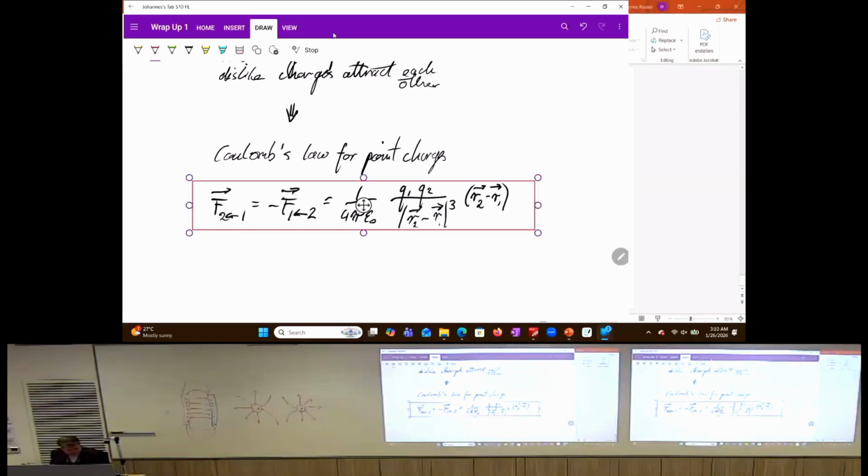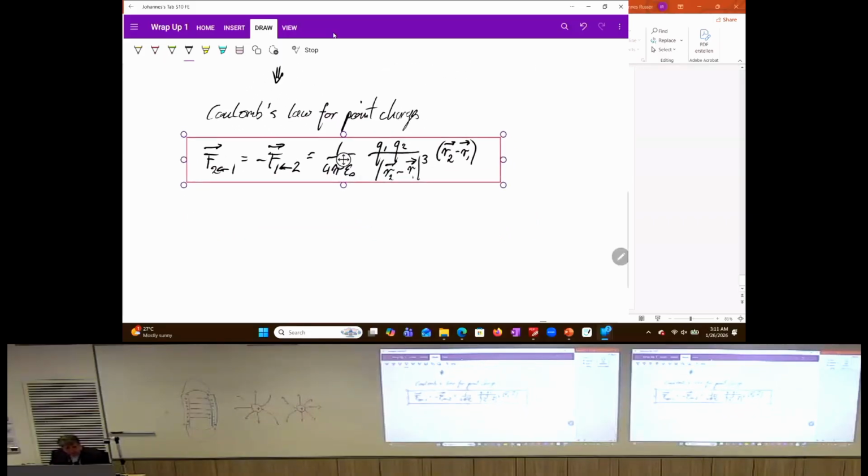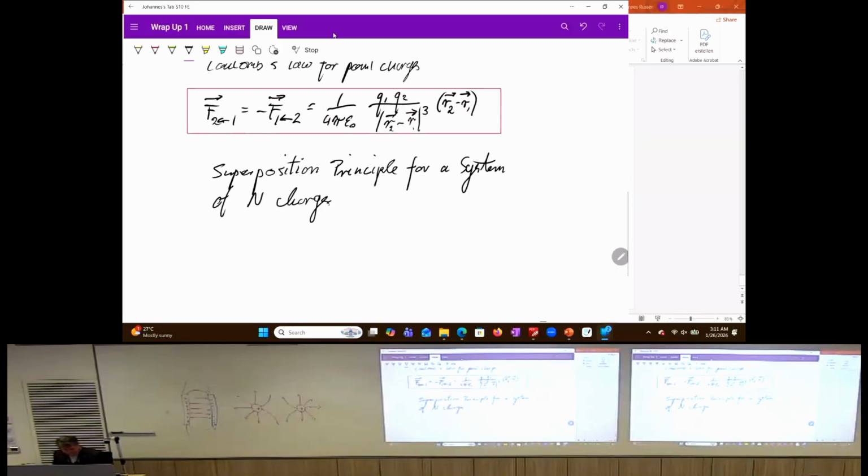Then we have the superposition principle, which applies if you have a multitude of charges. That is a very important takeaway from the lecture thus far.